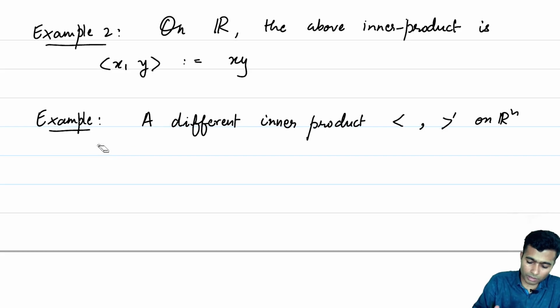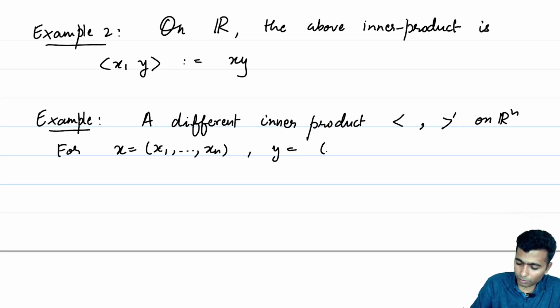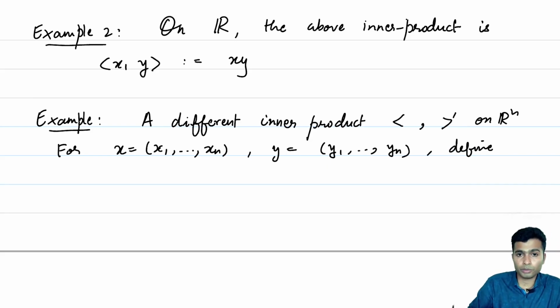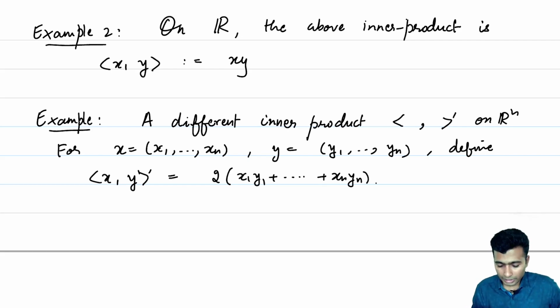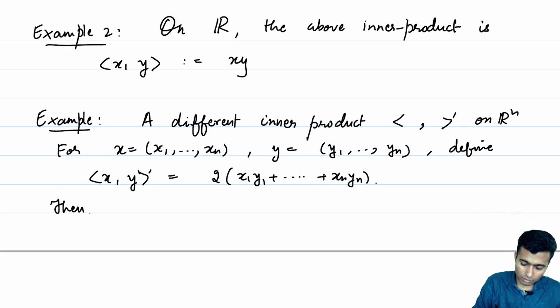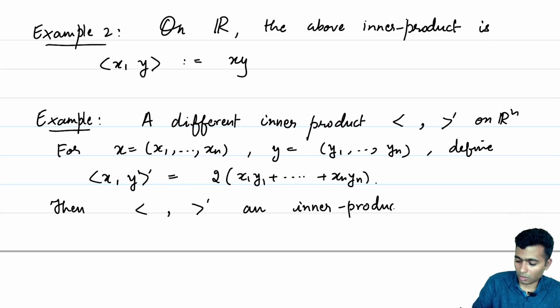For x equal to x1 to xn and say y is equal to y1 to yn, define the new inner product of x with y to be equal to 2 times x1 y1 plus up to xn yn. And I leave it to you to check that this is also an inner product on Rn.